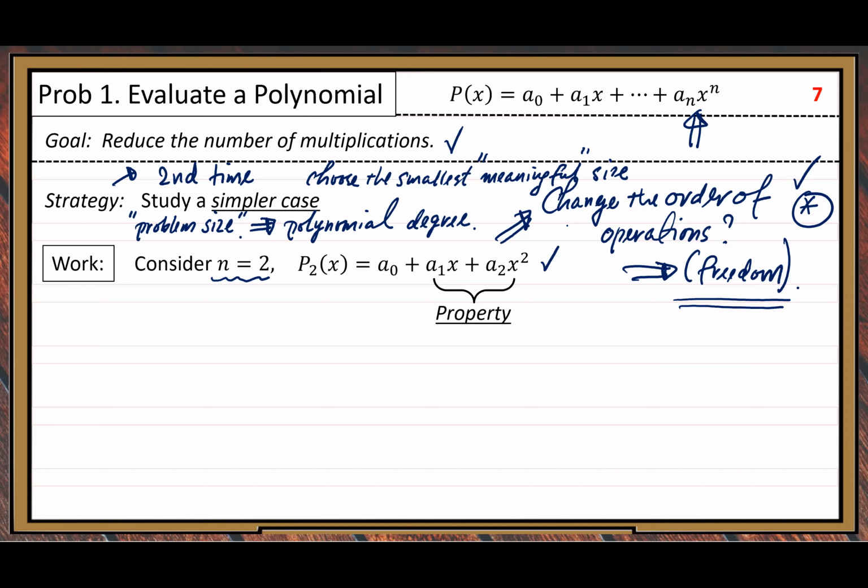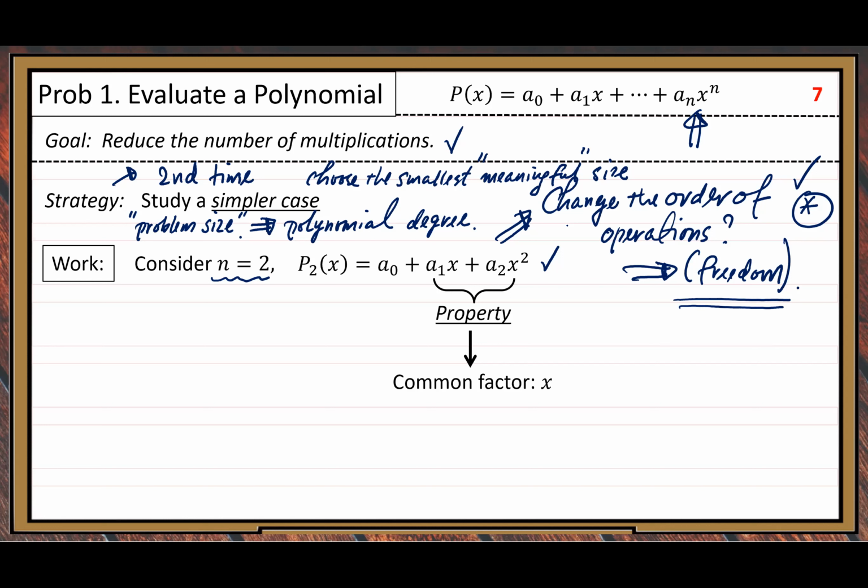The main property: can you see there is some common factor between these two terms? Common factor property, that's the property I'm talking about, right? Common factor x.